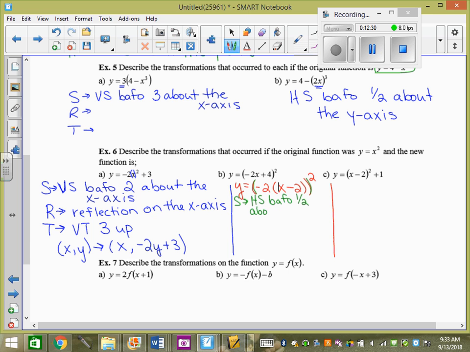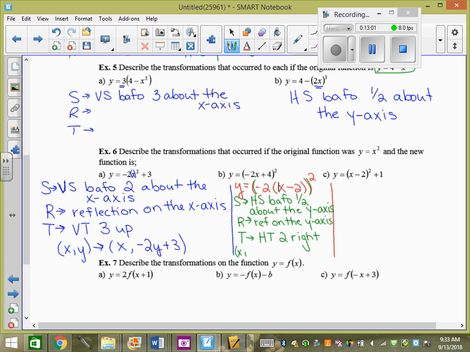It's with the x, so it's about the y-axis. It's negative, so we have a reflection on the y-axis. Translations? Horizontal translation to the right.